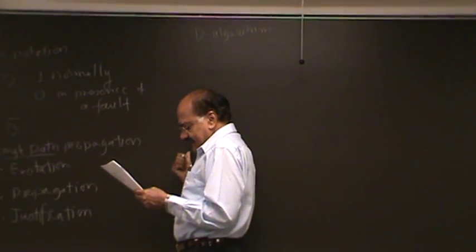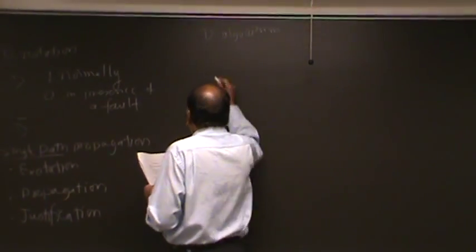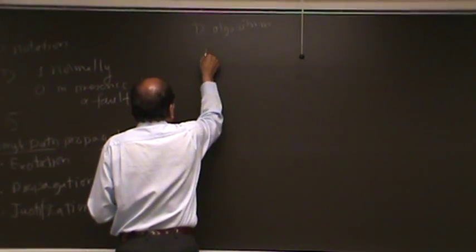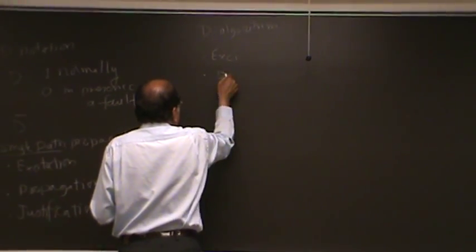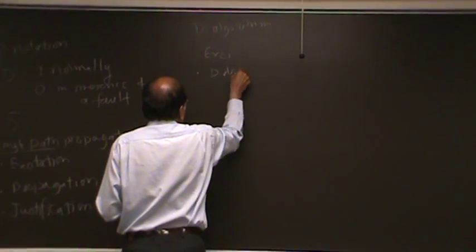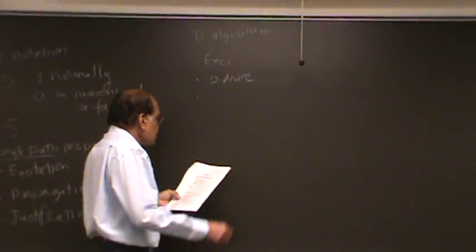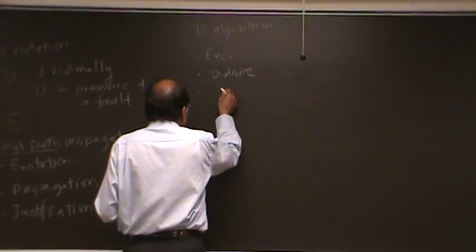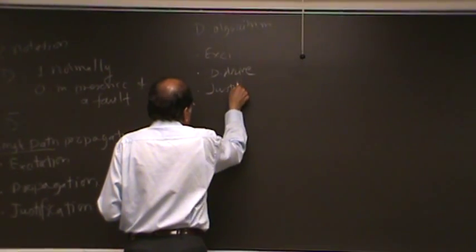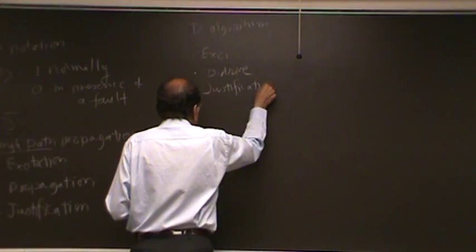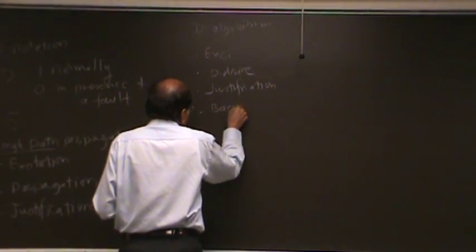Basically, I had given steps for a D algorithm, and the steps include excitation, and then D drive, basically driving the D frontier forwards, and line justification. And you need to backtrack whenever needed.